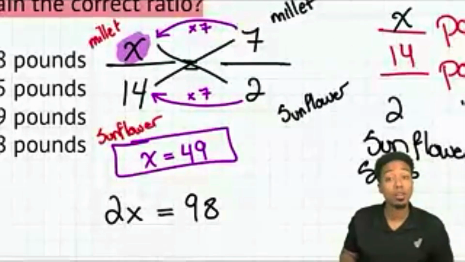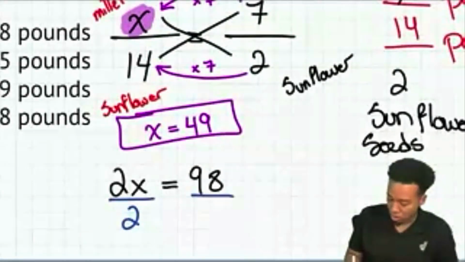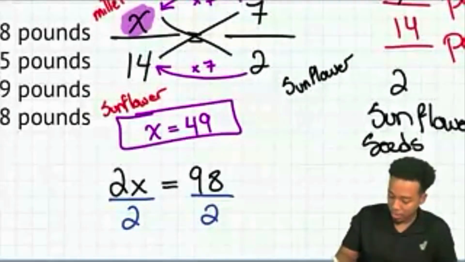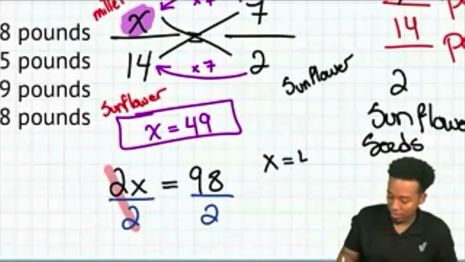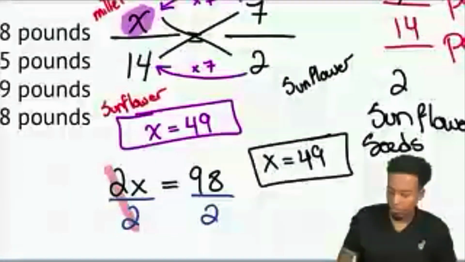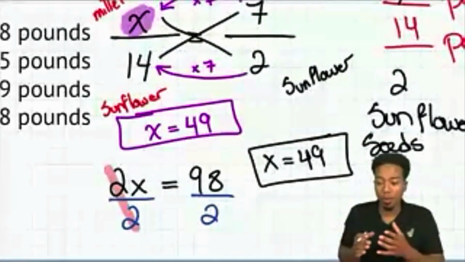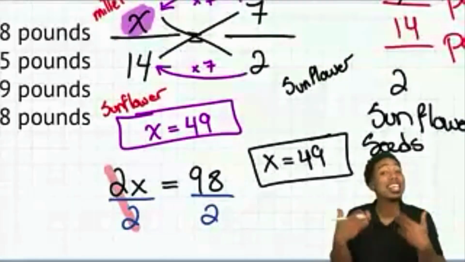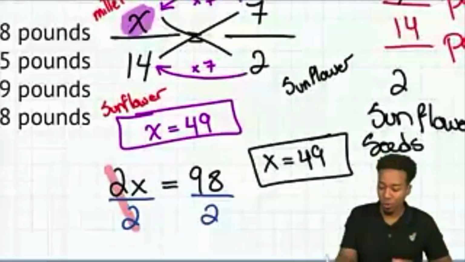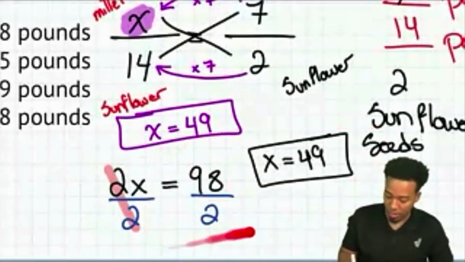And then from here, you would divide both sides by 2, giving you X equals 49. Boom. So you can do it either way. It just so happened in this problem, we saw that there was a convenient comparison that we can take advantage of to get the answer without having to do all of this.